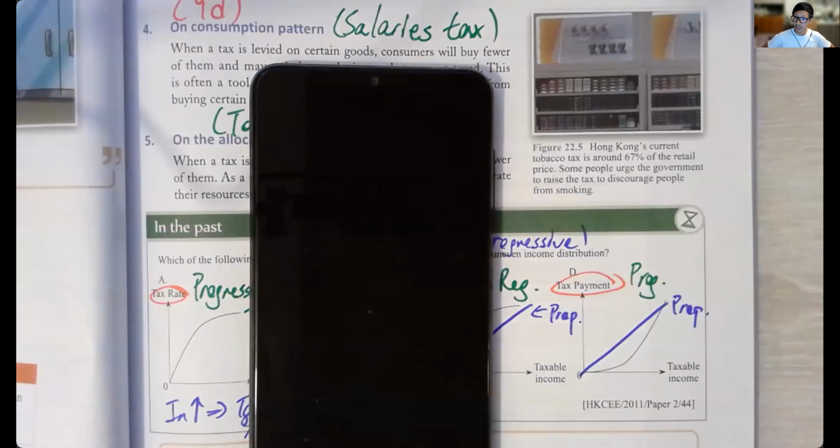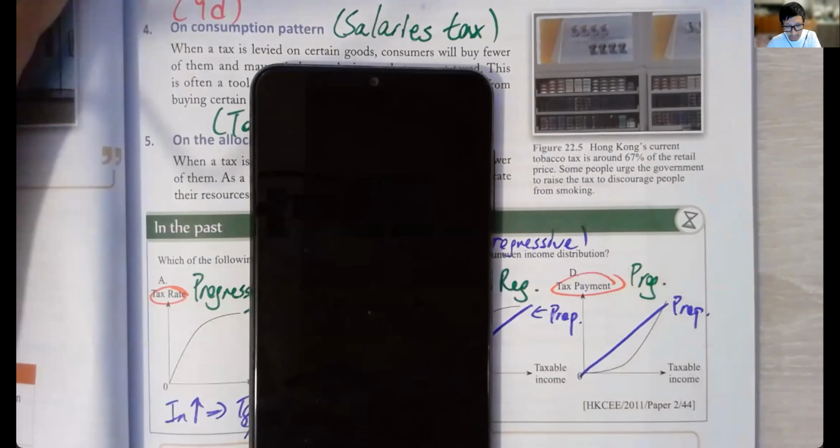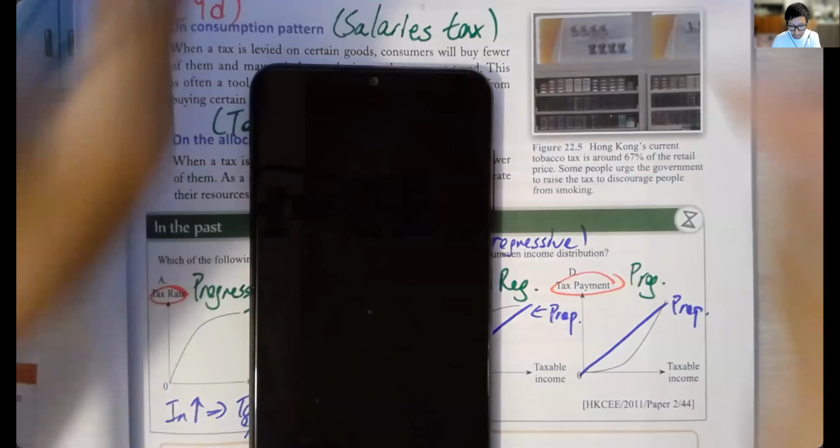More progressive in nature. Therefore, yes, it will narrow the income gap. Now, what about D, which says it will widen the tax base? What exactly is a tax base? Tax base refers to the number of people paying taxes.